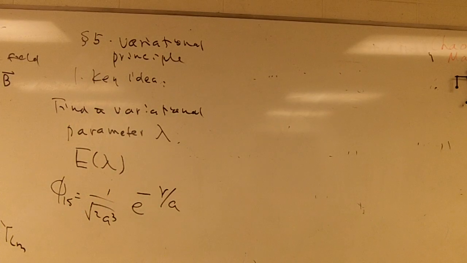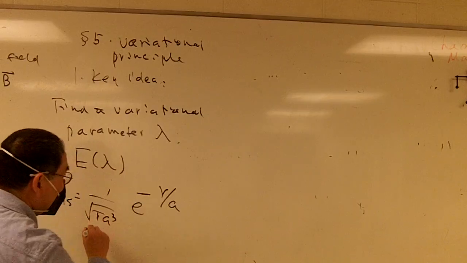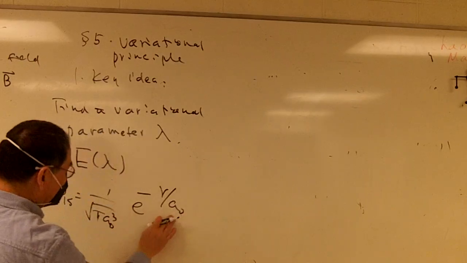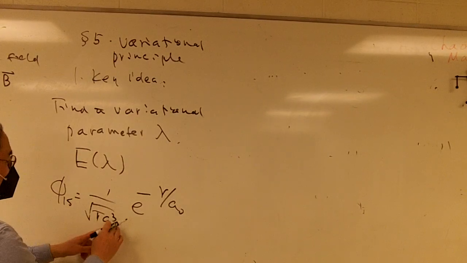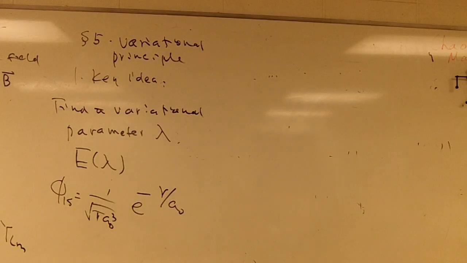I hope I did not miswrite anything. Yeah, this is the pi, not 2 pi. So this is a naught, the Bohr radius. So this is the wave function we used before. This ground state s orbital: 1 over square root pi a cubed, and e to the negative r over a naught, like this. So that's what we did.